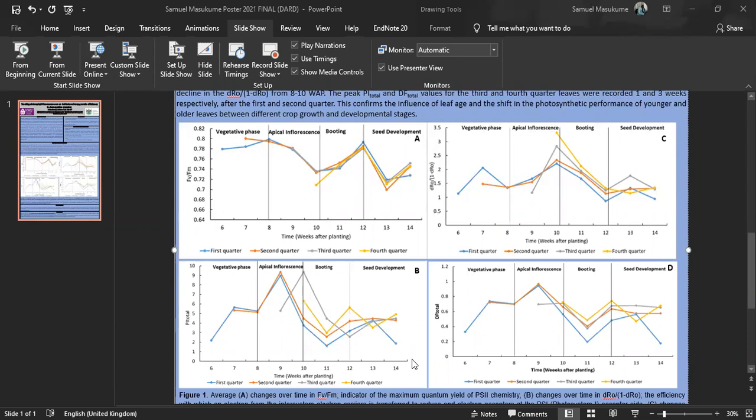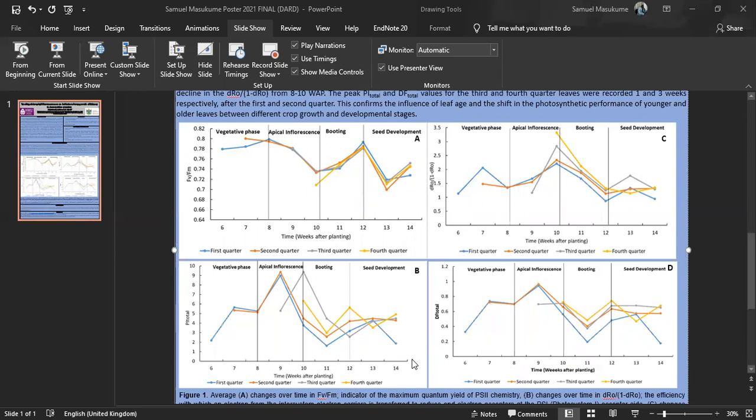There was a shift in the different quarters with respect to PI total, where we can see that for the first quarter and the second quarter, the peak was reached at 9 weeks after planting, whereas for the third quarter and the fourth quarter, the peaks were reached at 10 and 12 weeks after planting, respectively.